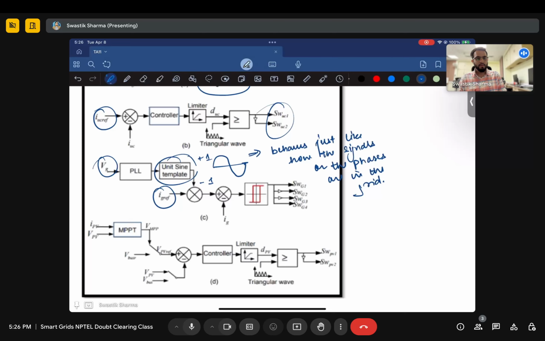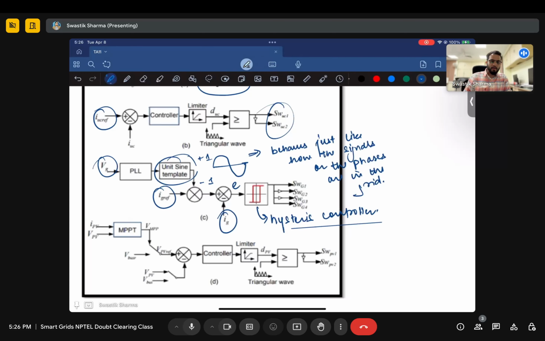Sorry, you produce an error signal, and this error signal is produced by checking the grid current against the received grid current reference, and then you send it through a hysteresis controller.